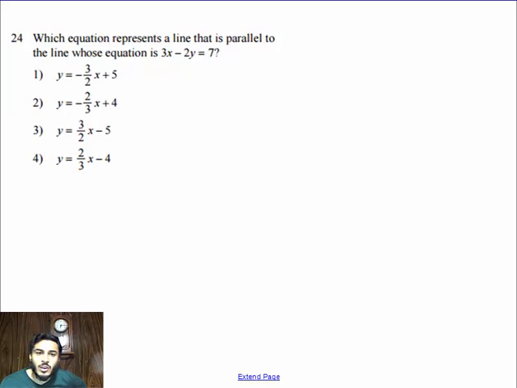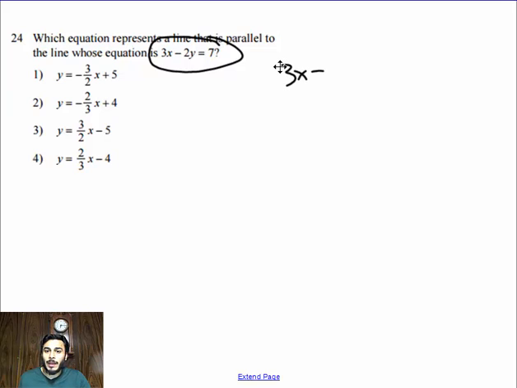Number 24. Which equation represents a line that is parallel to the line whose equation is 3x minus 2y equals 7? Well, parallel lines have the same slope. So we got to find the slope of this given line. And a line that is parallel to it will have the same slope as that line, whatever it is. Let's go ahead and find it. To do that, we got to put it in slope-intercept form.